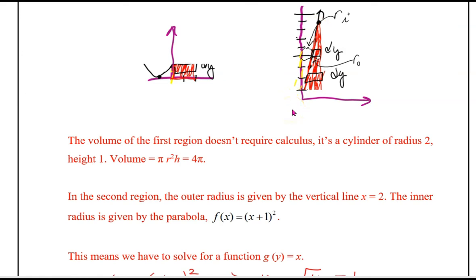That means that the inner radius is given by that equation, x plus 1 quantity squared. The outer radius, on the other hand, is going out here to the edge where the value is always 2. So we always have the same outer radius, which is 2.